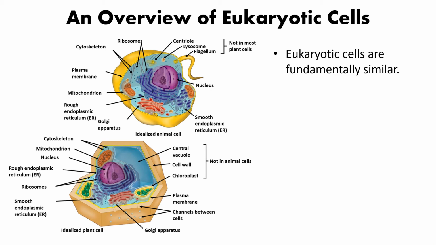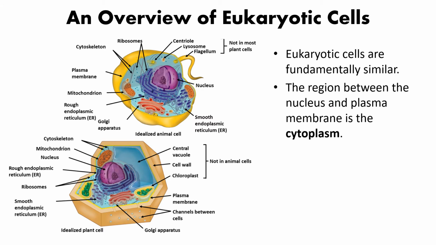Eukaryotic cells are very similar in that they all have the same kind of organelles, they have a nucleus, and this allows them to perform all the different functions that they have to perform. Now, the region between the nucleus and the plasma membrane is filled with a fluid, which we again call cytoplasm. Cyto meaning cell, plasm, think of plasma, which is what your blood cells are in.